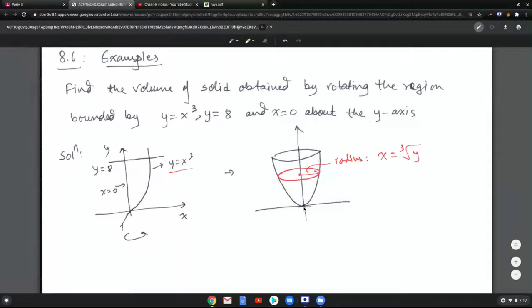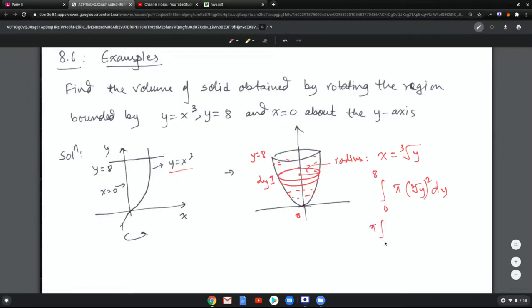And in this case, these are going to vary from top to bottom, which means they vary from y value 0 to y equals 8. So I have pi times the cube root of y squared, and this time it's dy, because I'm going to increment by dy since I'm in the y direction from 0 to 8.